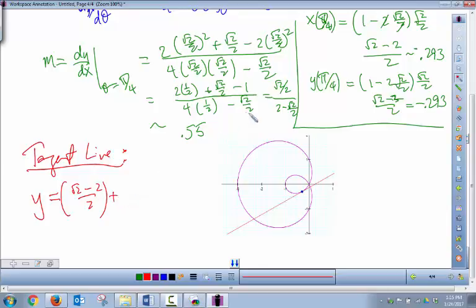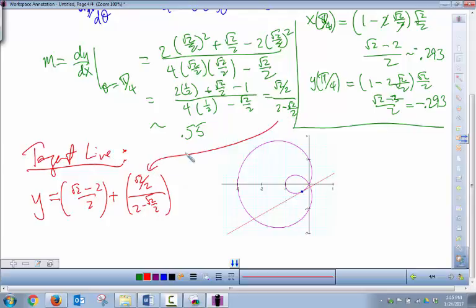And then the slope, that's the slope we got, which translated to 0.55, and then x minus the same thing.